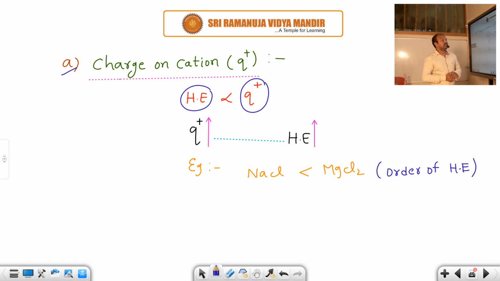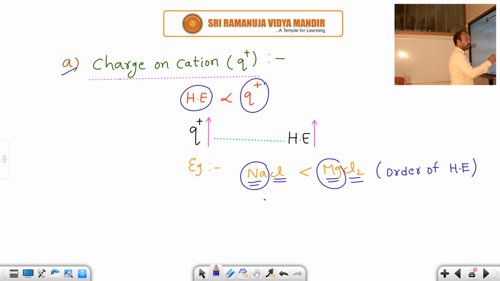Here you should take NaCl and MgCl2. The non-metal is the same, chlorine, so we should depend upon the metal. This is sodium, this is magnesium. Sodium is a first group element, that's why it has a +1 charge. Magnesium is a second group element, so it has a +2 charge.